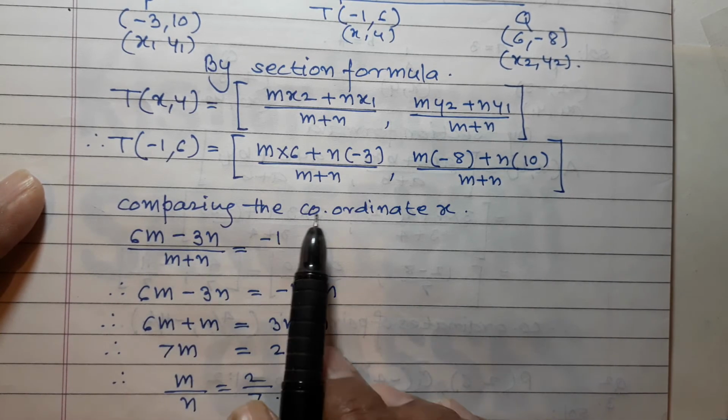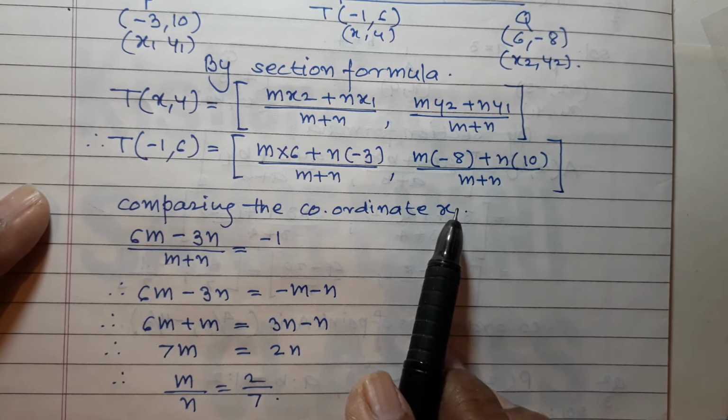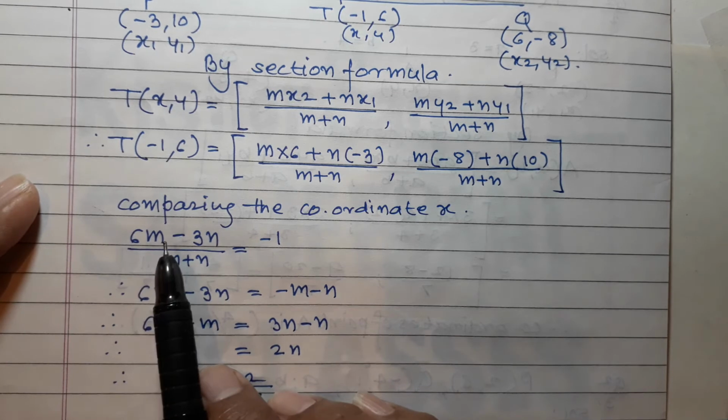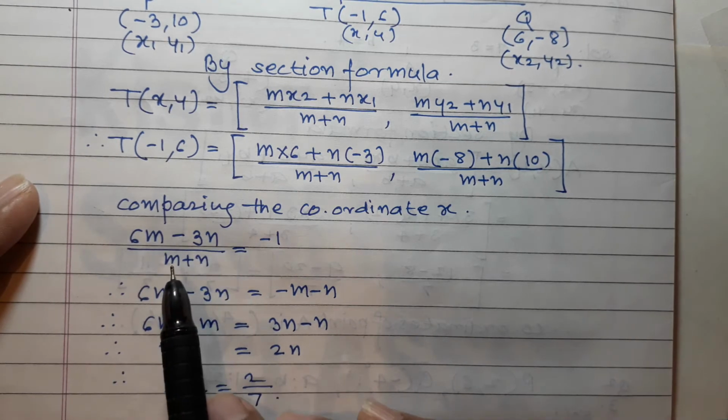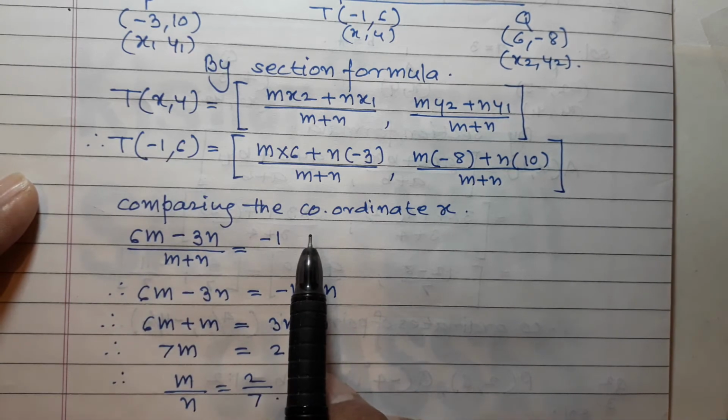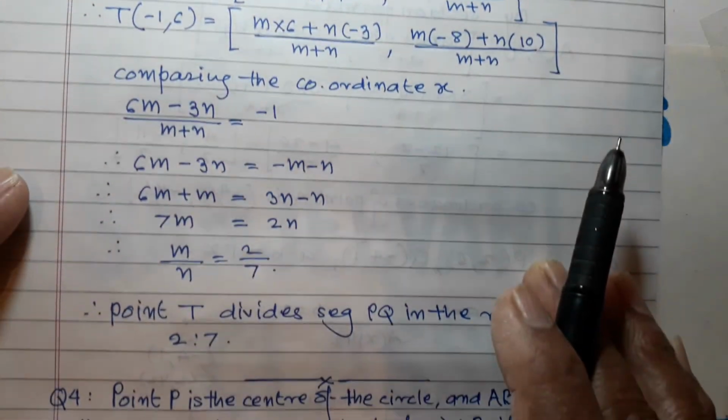So comparing the x coordinate, (6m - 3n)/(m + n) = -1, and then you simplify.